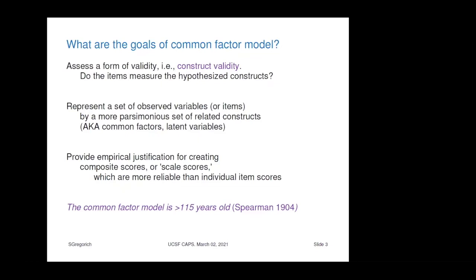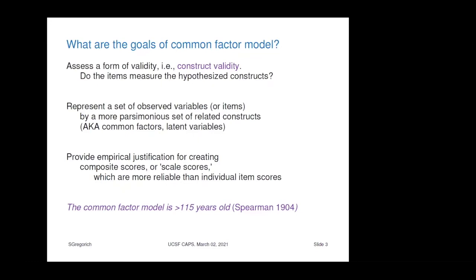convergent, discriminant, predictive, concurrent. A lot of times you show someone the results of a factor analysis model, and it may completely confirm your hypotheses about the number of factors, the configuration of items within each of those factors, etc. And they'll say, well, but you haven't done any validity assessment.